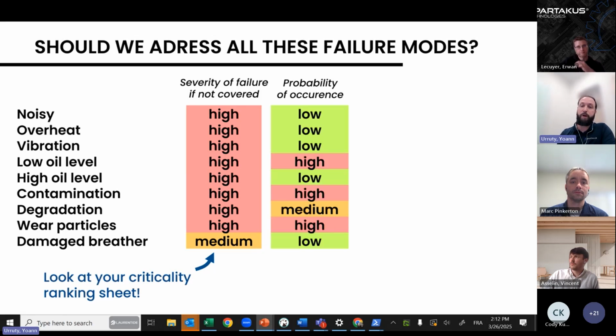Same thing for probability of occurrence. You're going to look at what is the probability that that happens.